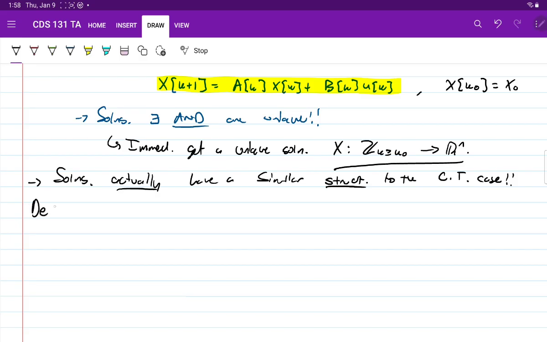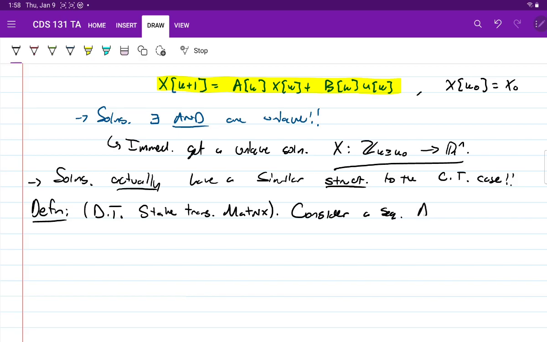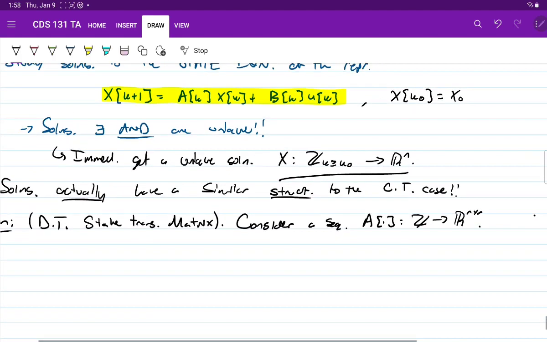Definition, discrete time state transition matrix. Instead of a continuous time, piecewise continuous function, we're now interested in sequences. So consider a sequence of matrices, A, which goes from Z into Rn by n.